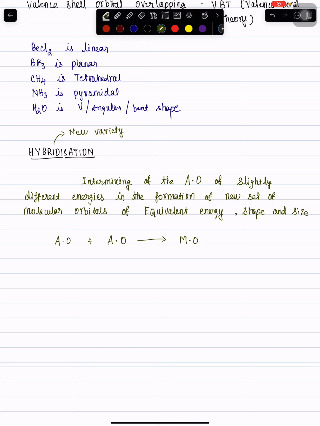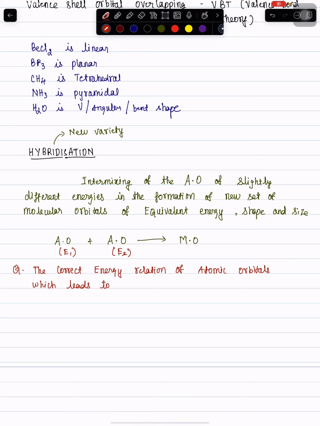So here let's look at the question. Let's take this as E1, energy 1, and this as energy 2. The correct energy relation of atomic orbitals which leads to hybridization.